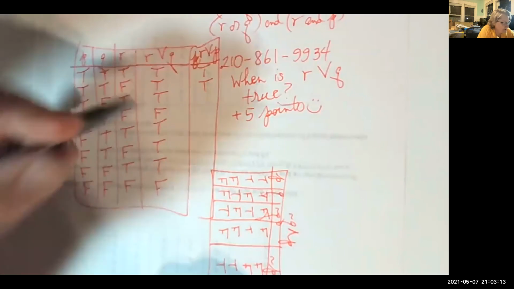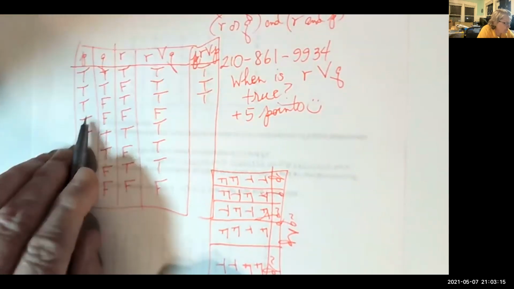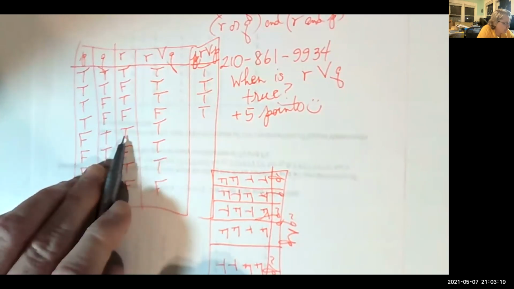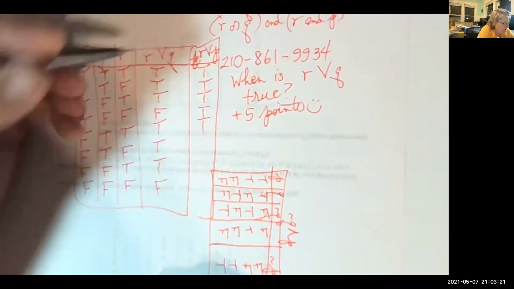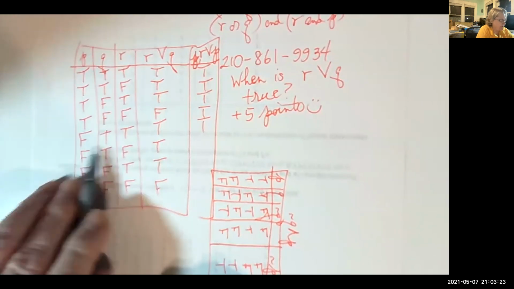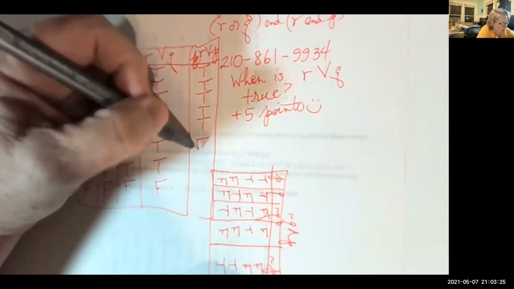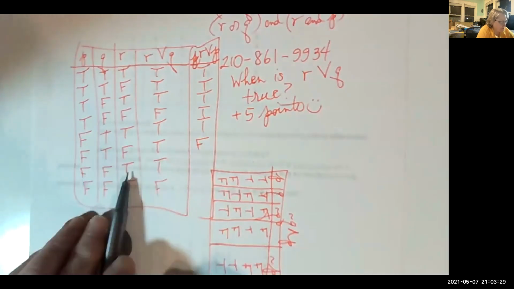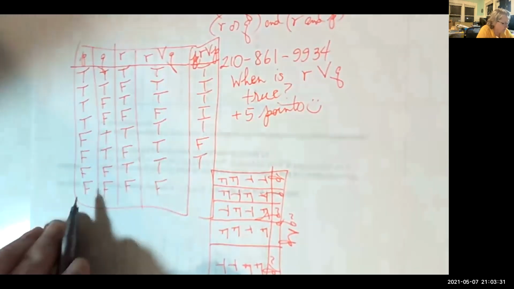True or true is true. True or false is true. False or true is true. False or false. There we go. Two falses. That's the only time with or that you can get a false. False or true is true, and false or false, that's false.